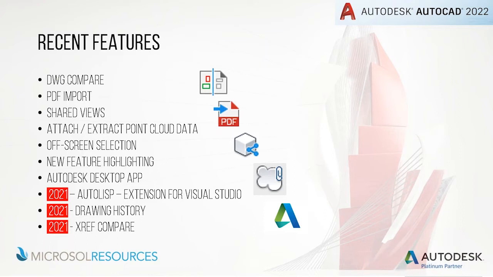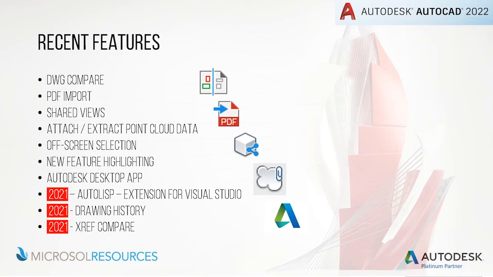So all very useful features there. XREF Compare is similar, and it shows you what's different based on the current XREF that is loaded and the reloaded XREF that's coming in. So you're able to quickly and easily review all of those changes.